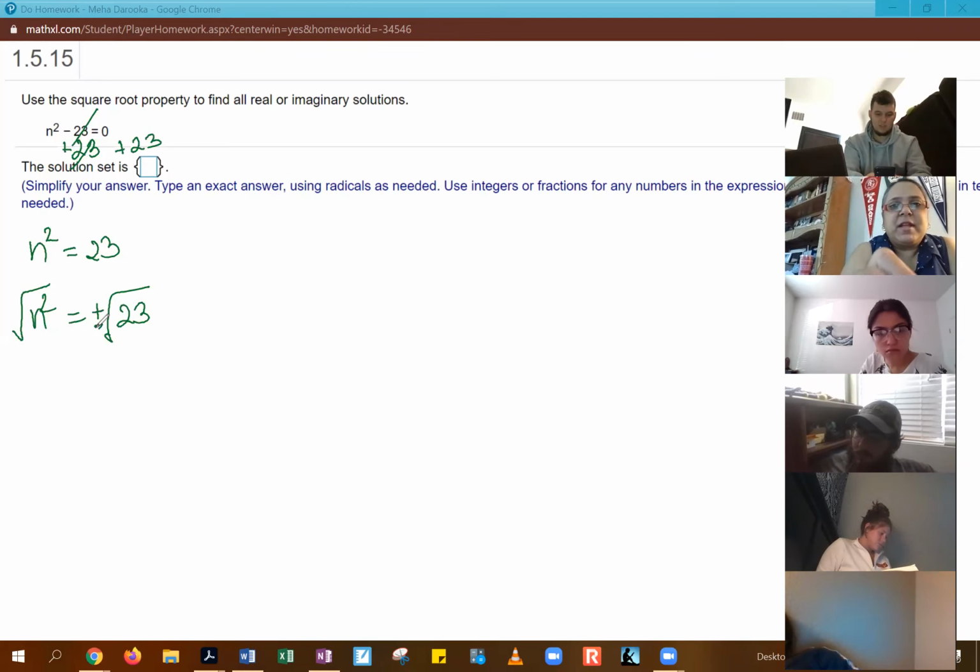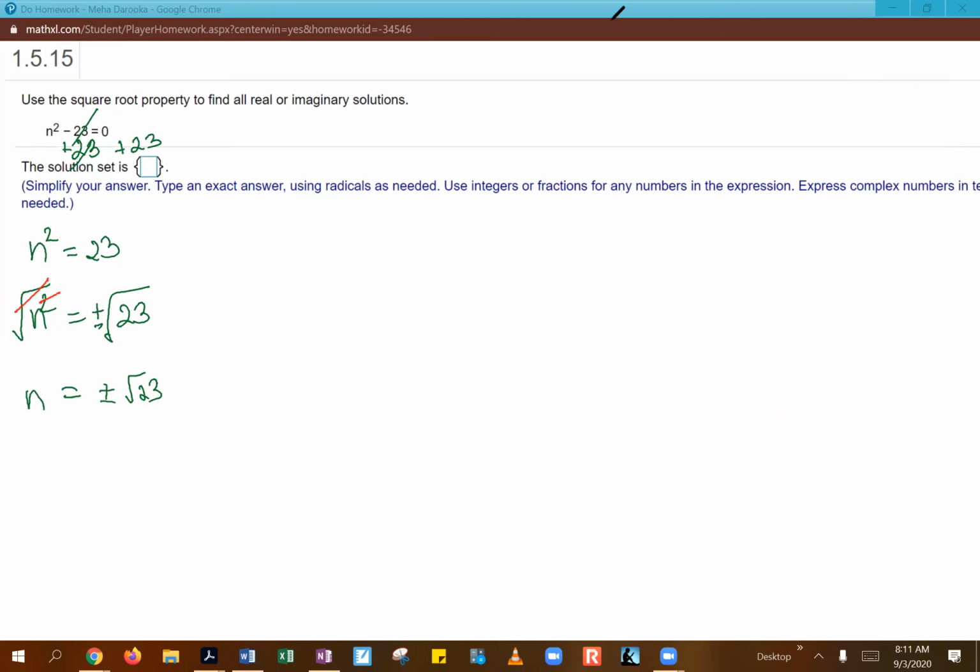Of course, the square and square root on the left-hand side cancel each other out, which leaves us with n on the left-hand side, and then plus or minus square root of 23.